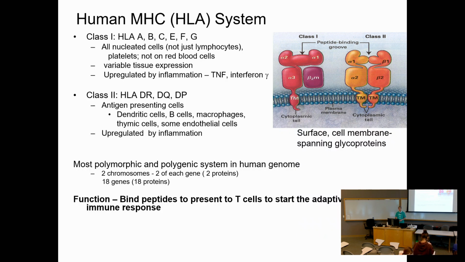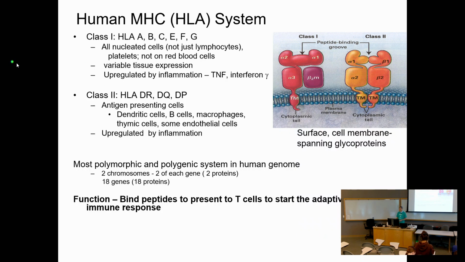When a lot of these were discovered, we didn't know what the function of these proteins was, either in other animals, such as the MHC proteins, or in humans. But we now know that the function of MHC proteins is to bind peptides to present to T cells to start the adaptive immune system.